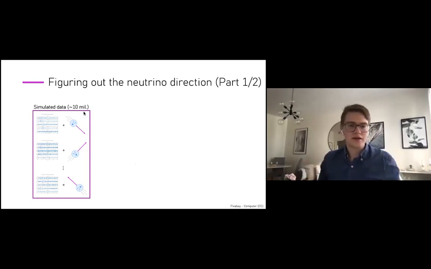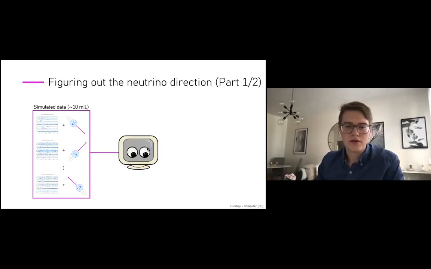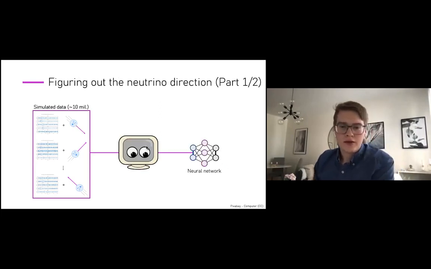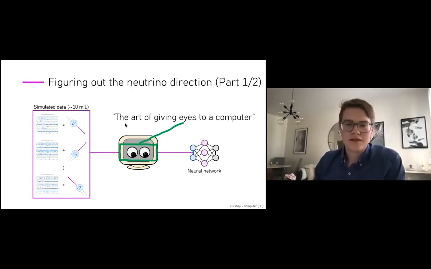We can simulate data of antenna traces and directions, and we plug it into the computer. The computer has this neural network, and it will plug the example data, the simulated data, into the neural network. And this is where the title of the talk comes from, the art of giving eyes to a computer. We're kind of letting the computer see data and learn from it.